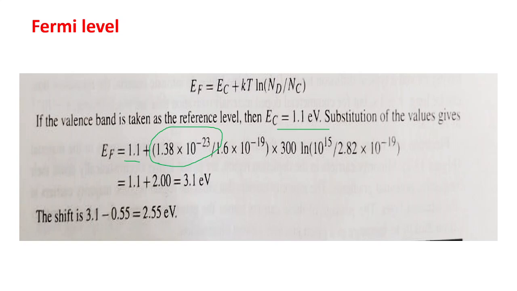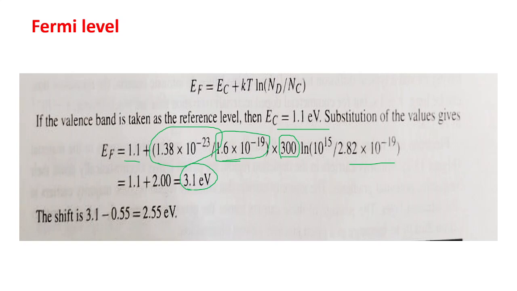One electron holds 1.6 into 10 raised to power minus 19 units of charge, so for per unit charge we have to divide by this value. The 300 came from 273 plus 27 degree centigrade, so the temperature is 300 Kelvin, natural log of Nd, 10 raised to power 15, upon Nc, 2.82 into 10 raised to power minus 19. So we can now calculate the Fermi energy level, 3.1 electron volt.